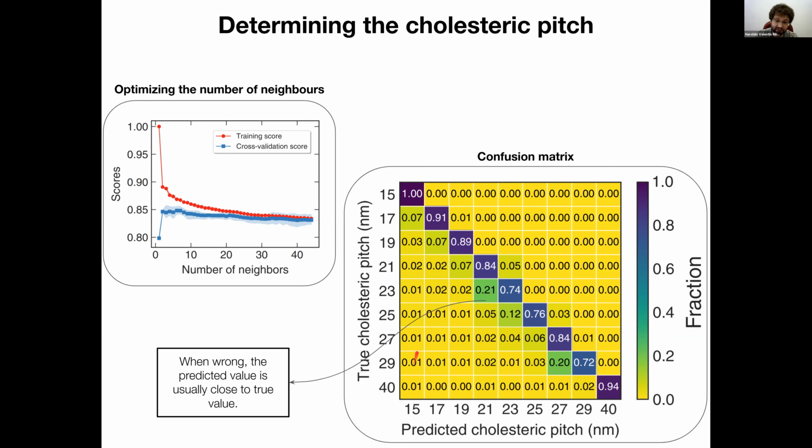It can also say that this texture has 15 nanometers of pitch, but that is very rare. It's not perfect, but it's somehow good. As you can see, we have the largest values in the diagonal of this confusion matrix. More than that, when the method makes a wrong prediction, it tends to predict a value that is close to the real value.